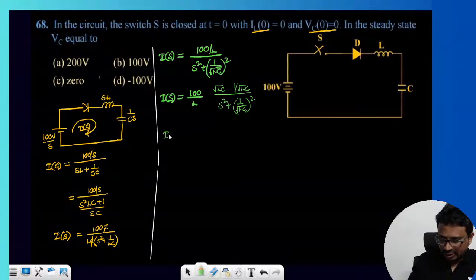So then I of S will come to be 100 by L into root LC.